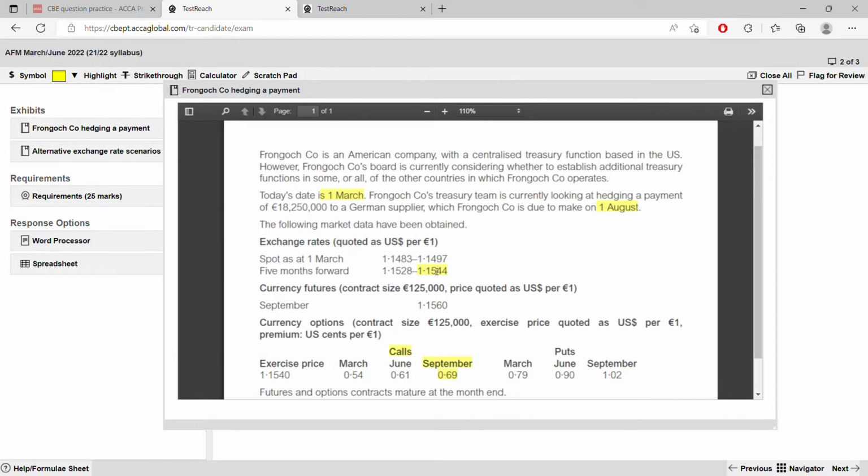For that, check. This is 18,250, and this price is $1.1544 per 1 euro. So you have to multiply, because this is in dollar, this is in euro, different currency, multiply.